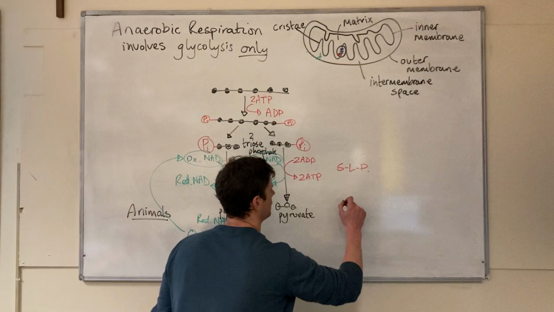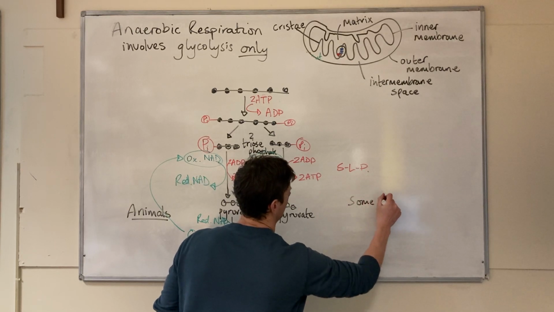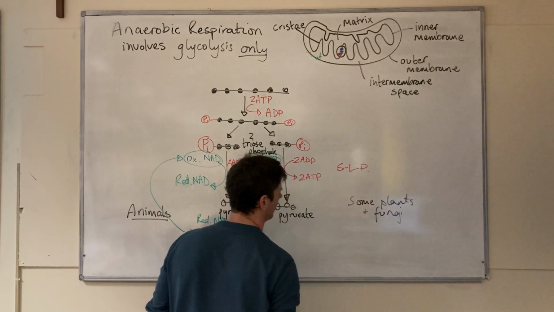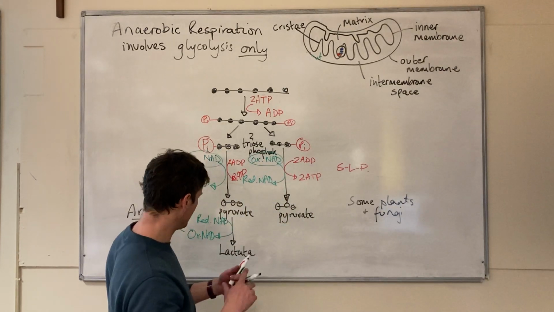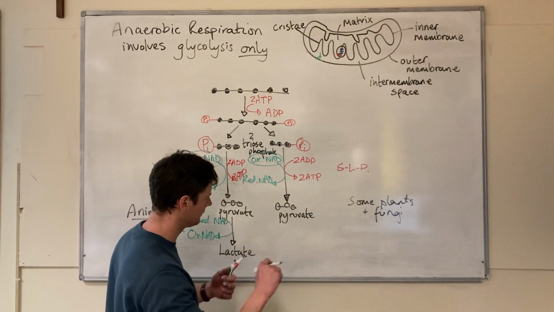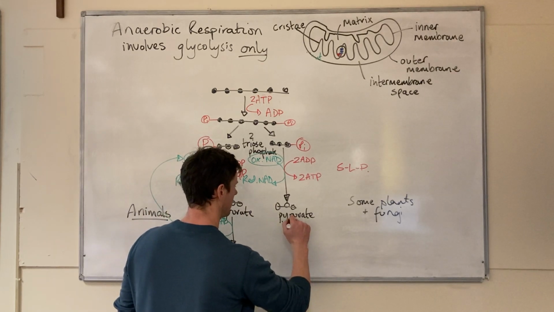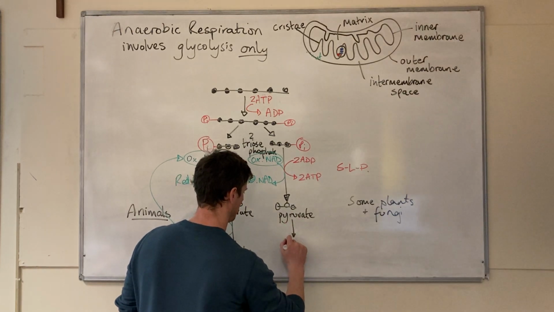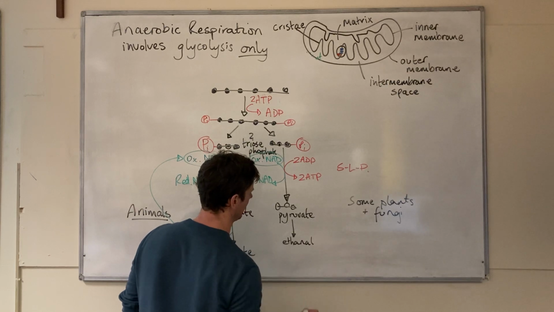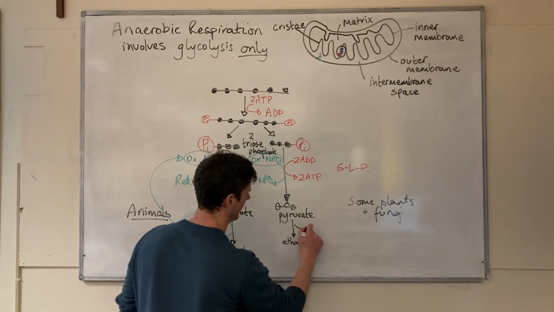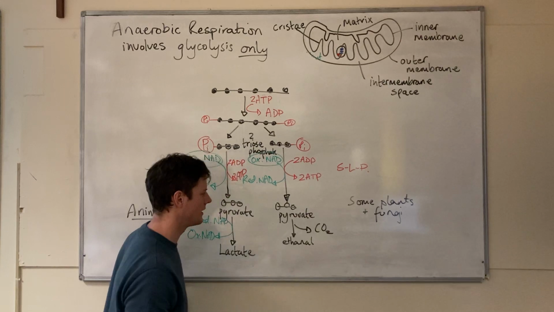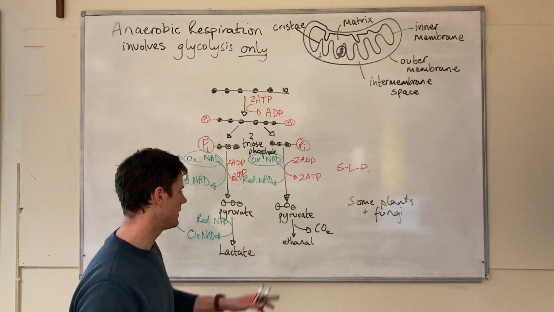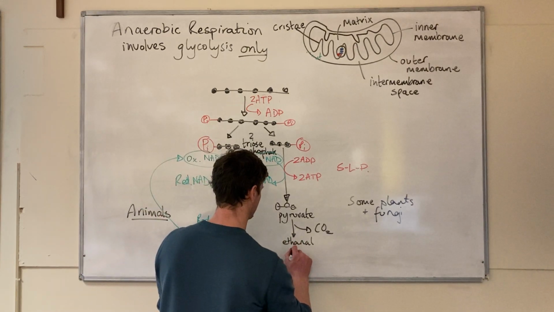Okay, so some plants and fungi, instead of producing lactate, will produce first ethanal. So ethanal is produced when carbon dioxide is released from the pyruvate. Okay, so ethanal is a 2-carbon molecule.